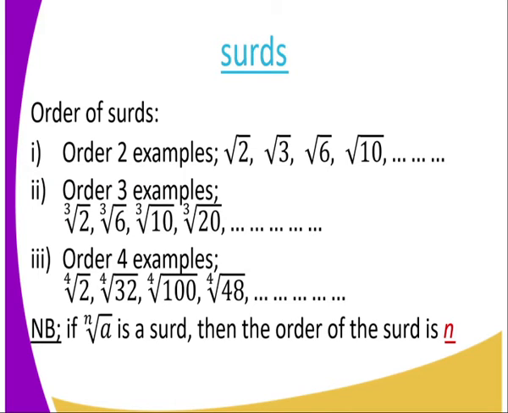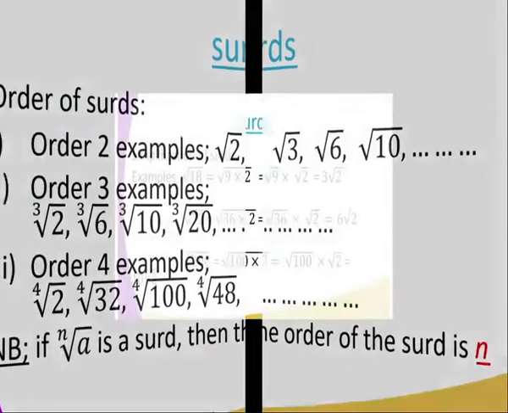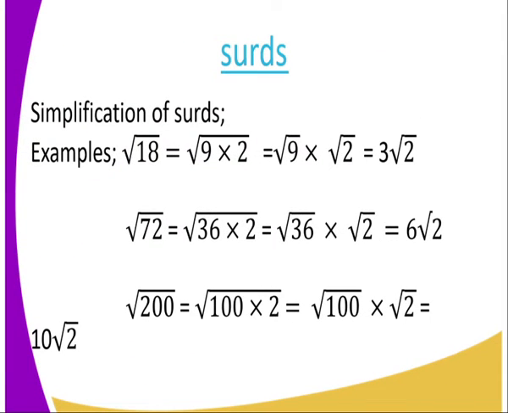Then order 4 in that manner. That's how we get the order. We said that the nth root of a number is the order of the surd. We just get the examples.